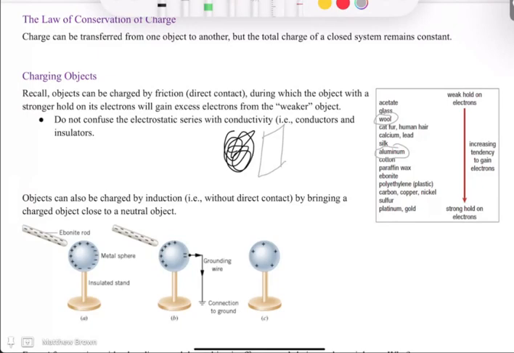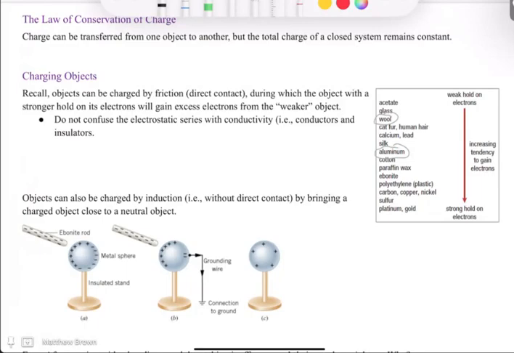On an atomic level, the aluminum has a stronger hold on its electrons, so some electrons jump from the wool onto the aluminum. Still the same total charge, but more of them end up there. As a result, the aluminum ends up negatively charged and the wool positively charged. And then you can touch it yourself and get a little shock.